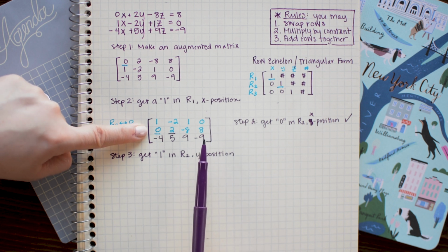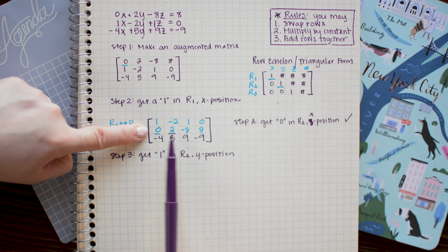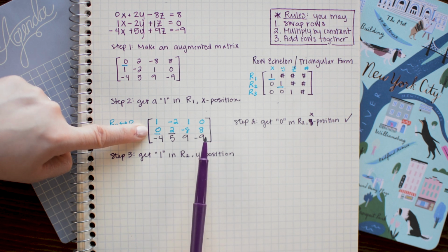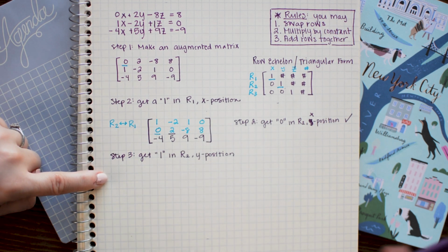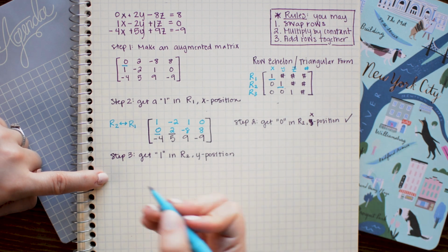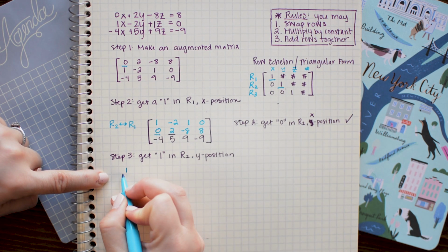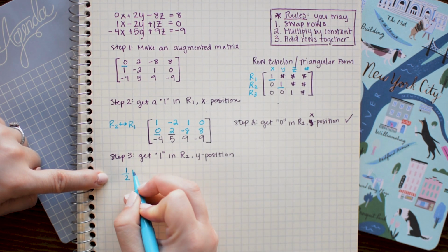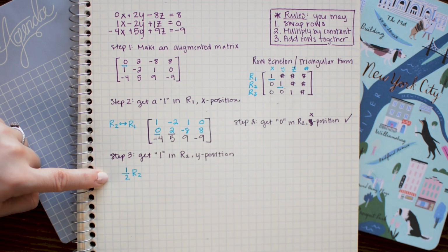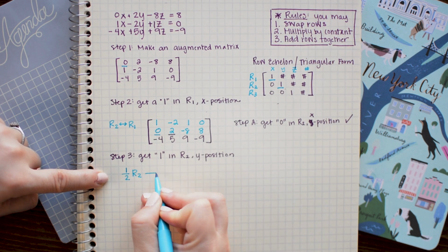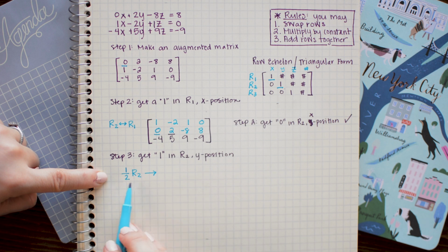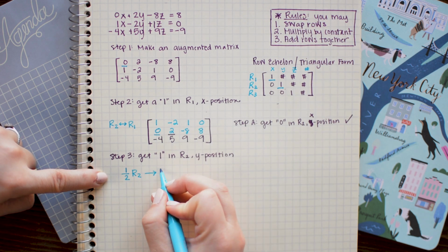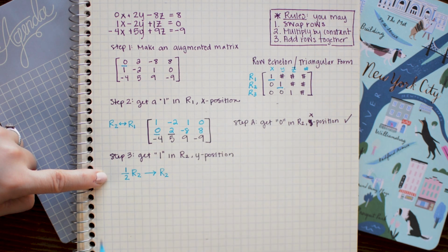So what I'm going to do next is take row 2 and multiply it by 1/2. So in my little notation to guide me, I'm going to write 1/2 times row 2. And then I'm going to put an arrow. So that's just going to tell me where this row is going. So I'm just replacing the same row. So that's just going to be the new row 2. So 1/2 of row 2 becomes row 2.